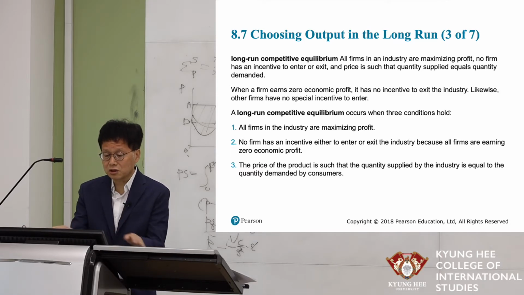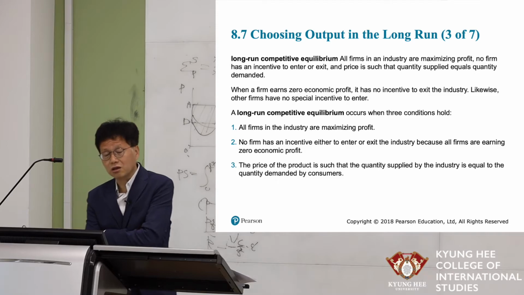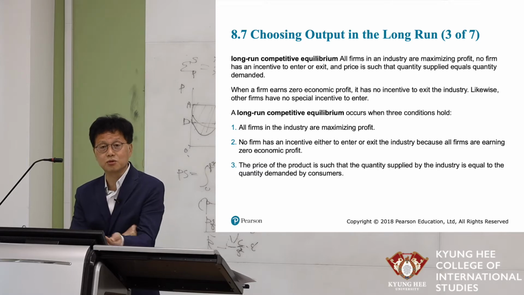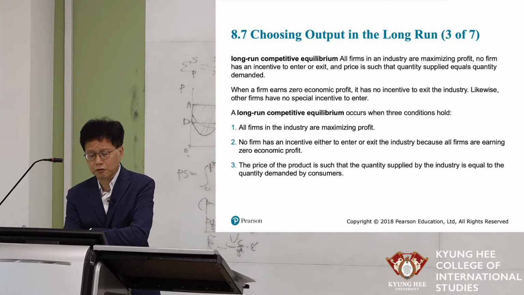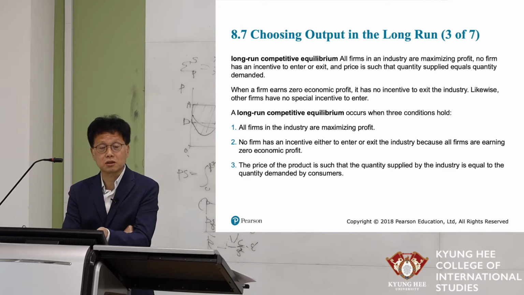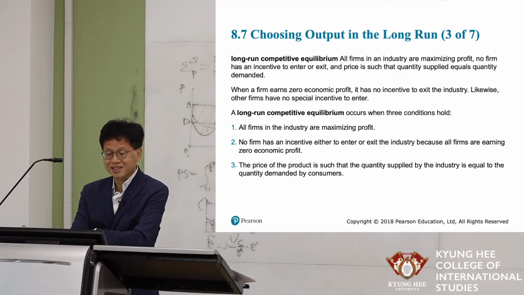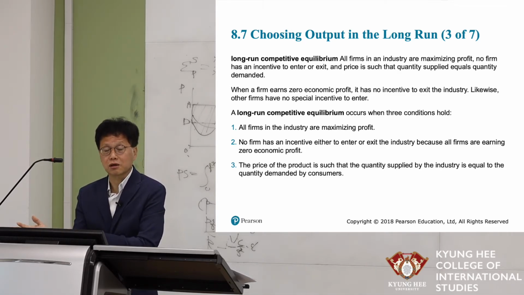No incentive to enter or exit. What's the meaning of this? If the firm enjoys positive profit, there exists an incentive for new firms to enter the market to enjoy positive profit, right? But here, no incentive to enter or exit. If a firm incurs some loss, existing firms have an incentive to exit, but here no incentive to go out.